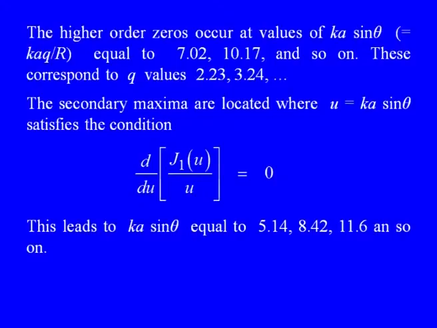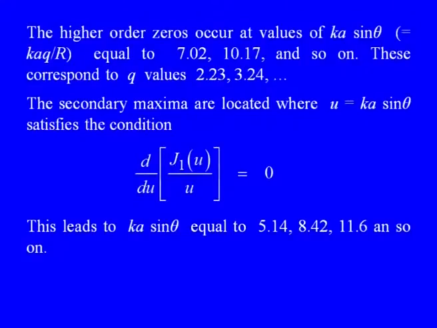Now, when these minima corresponding to zeros of the Bessel functions are there, in between there will be secondary maxima. Naturally, they are located where the argument K sin theta satisfies this condition. You see, the intensity depends on J1 u upon u.